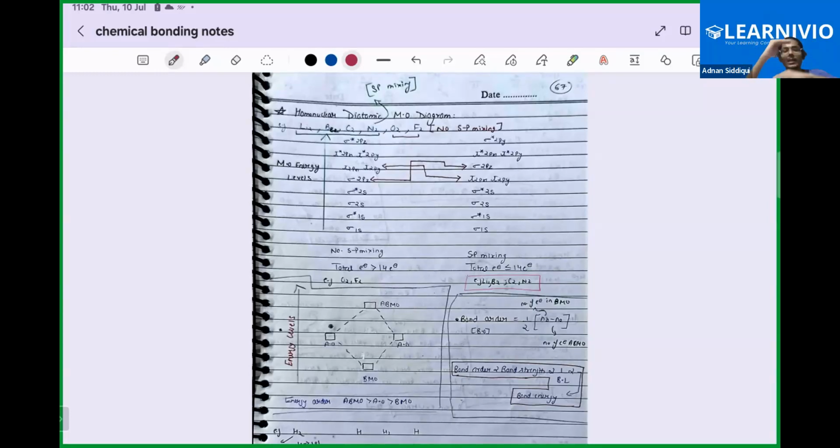They were able to exchange electrons. But as you are reaching oxygen, the s and p orbitals are sufficiently far away from each other that the exchange of electrons is stopped. Because of this stopped sp mixing, we are observing this exchange of molecular orbitals.